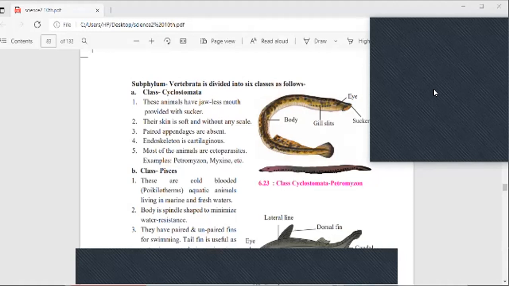If difficulty is there, you can ask me. Hello, Samruddhi Abak, am I audible to you? My voice is reaching up to you. Why are they not talking? Hello, Samruddhi Abak, roll number 1.